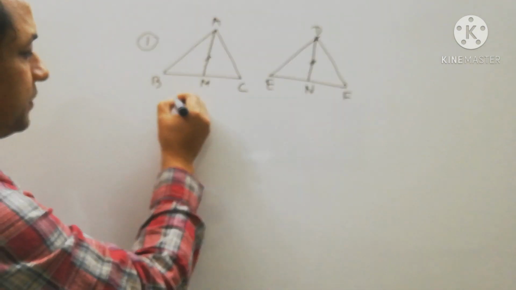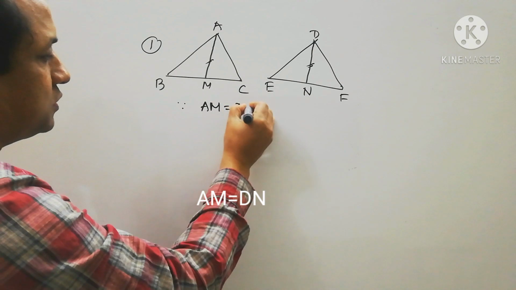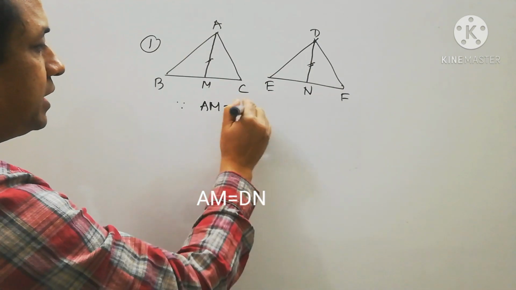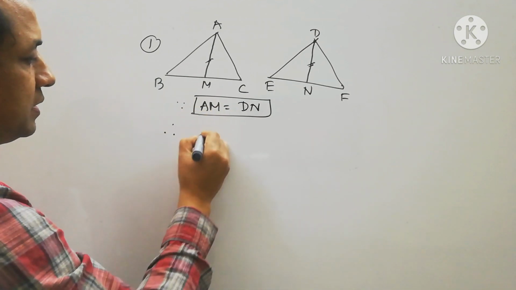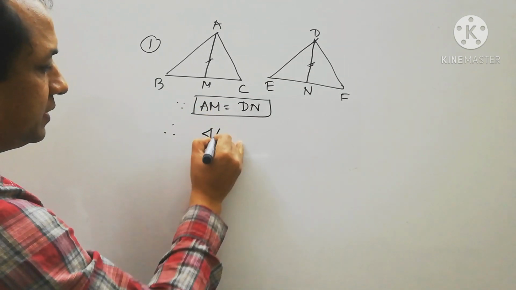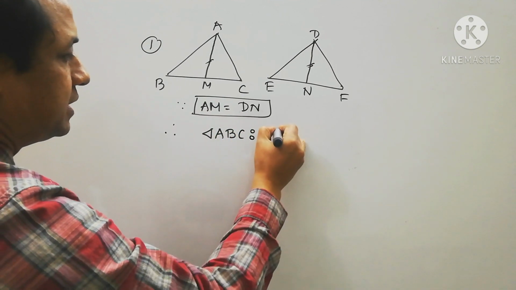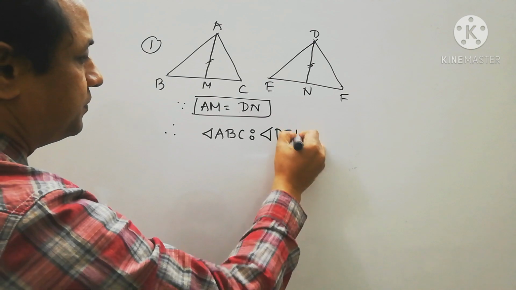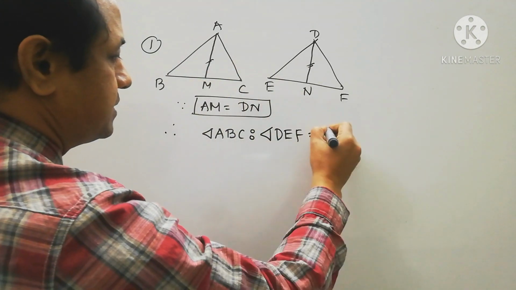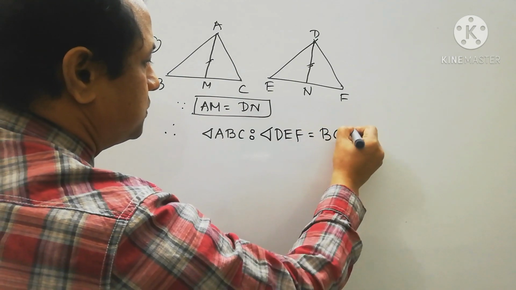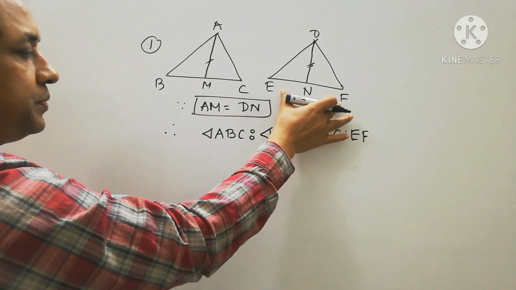So here AM and DN, the two heights, are equal. Then the area of triangle ABC is to the area of triangle DEF equals the ratio of the two bases, BC is to EF.